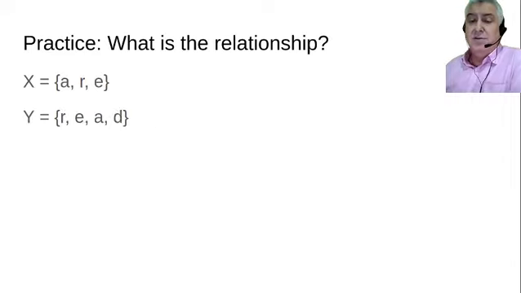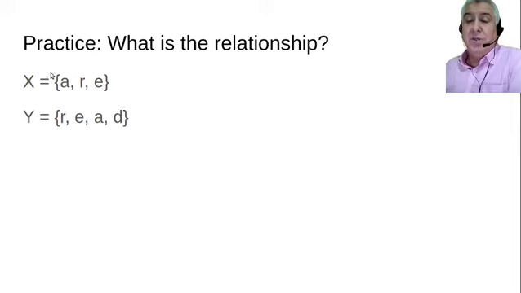So here's our second practice. X is the letters A, R, and E, the letters in the word are, or ear, I guess, too. Or era. Lots of words. And Y is the letters R, E, A, D, the letters in the word read or dear.